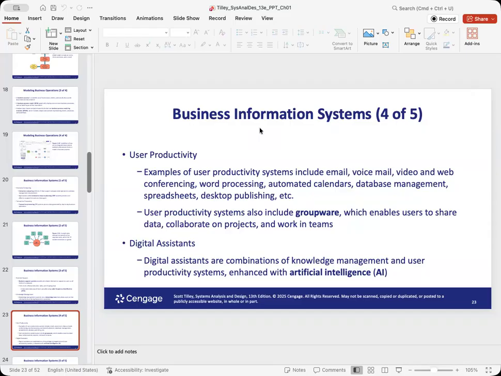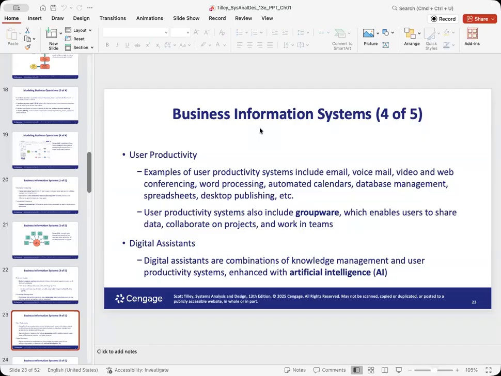But with Google Doc or now Microsoft 365, you can do everything online, sync it online, without doing it individually and then bringing it together. That enables work to be done so easily. So that falls under user productivity.